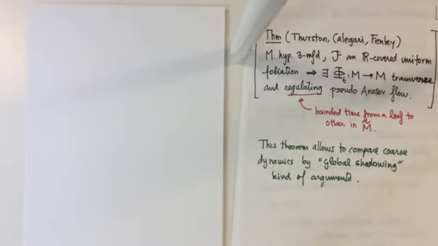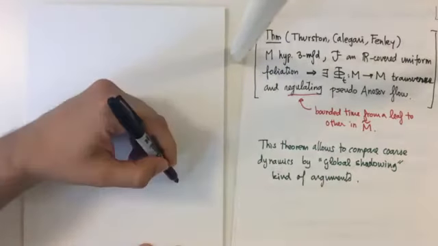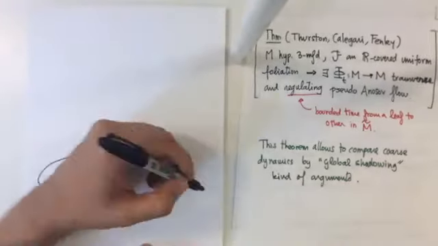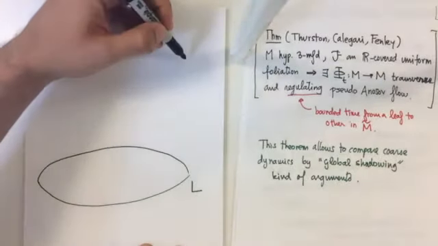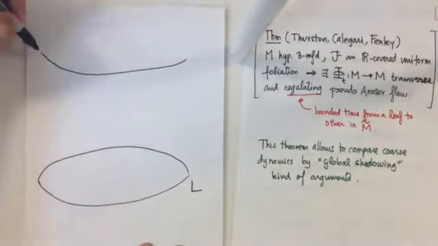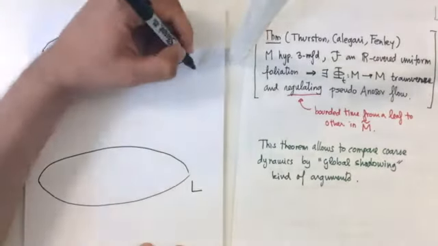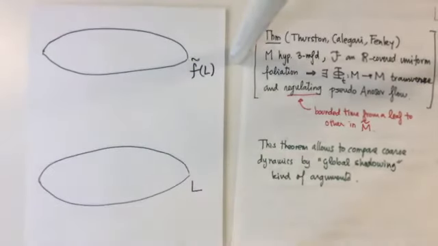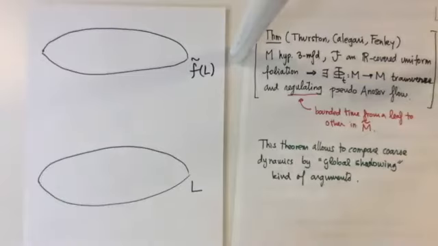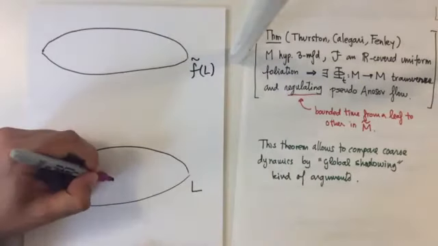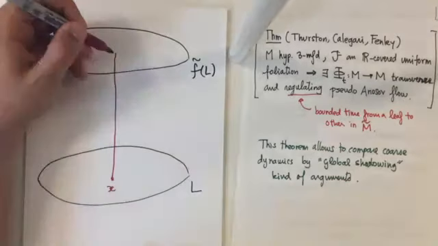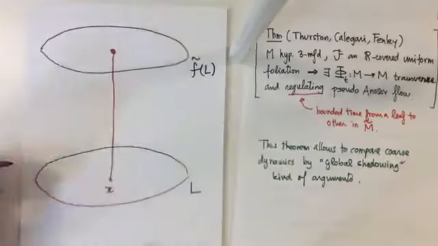So let me draw this and how we will try to use it. This is L, say. This is F tilde of L. And you have this pseudo-Anosov flow. You have a point X here. It goes somewhere here.